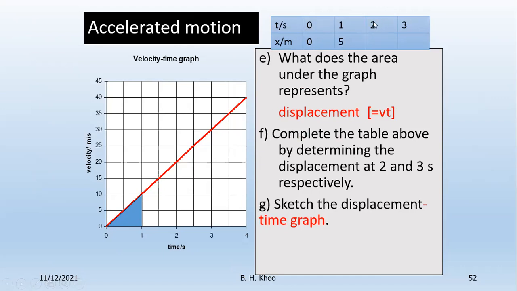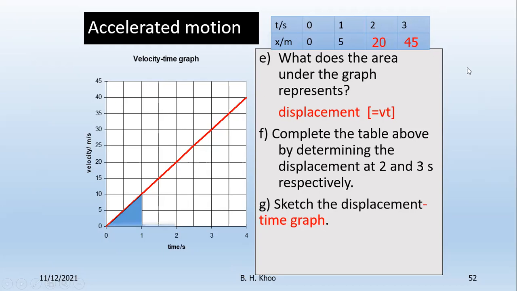So the next one, for 2 seconds, that's 20. Half the area of this triangle, 20 times 2 divided by 2. And then for 3 seconds, right? Area under the graph is half times 30 times 3.